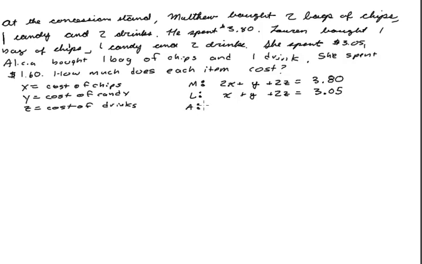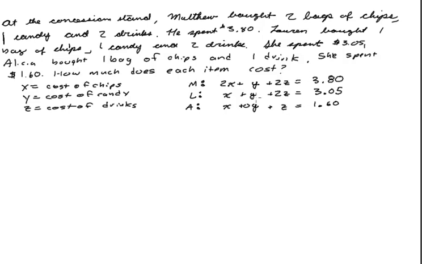Alicia bought 1 bag of chips, that's 1x, no candy, so that's 0y, and I am going to go ahead and put the 0 in there because we're going to need it in our matrix when we set up our matrix, plus 1 drink, so plus 1z equals 1.60. So now I have a system of equations and 3 unknowns.